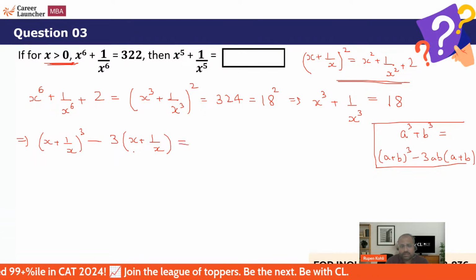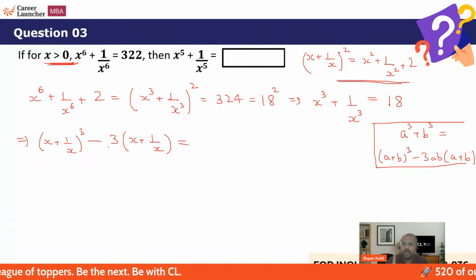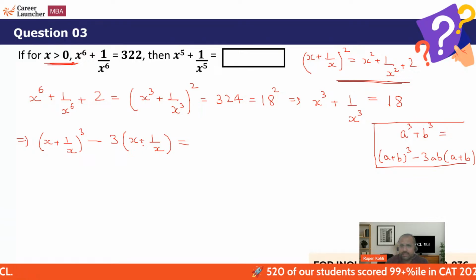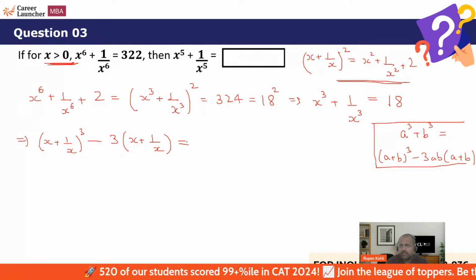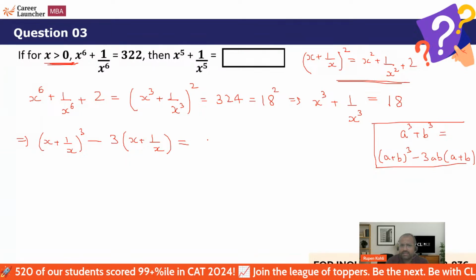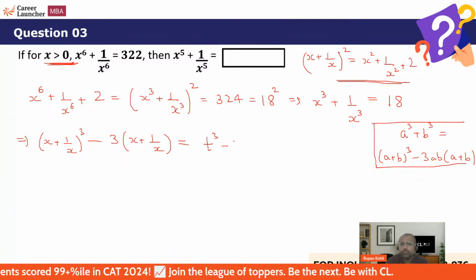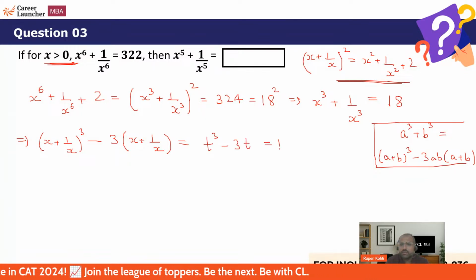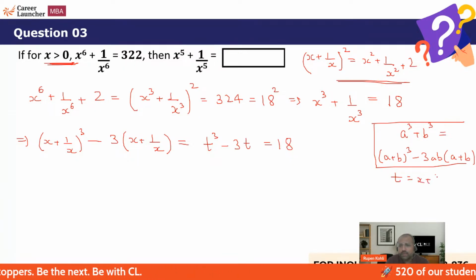Now, if you look at this expression carefully, all that you have is x plus 1 by x, first the third power of that, and then that exactly. So if I just write x plus 1 by x as a variable t over here, this is as good as t cube minus 3t, which equals 18, right? So I'm just denoting x plus 1 by x over here as t.